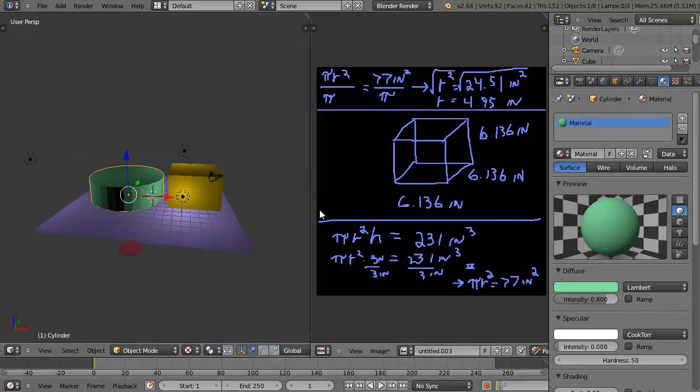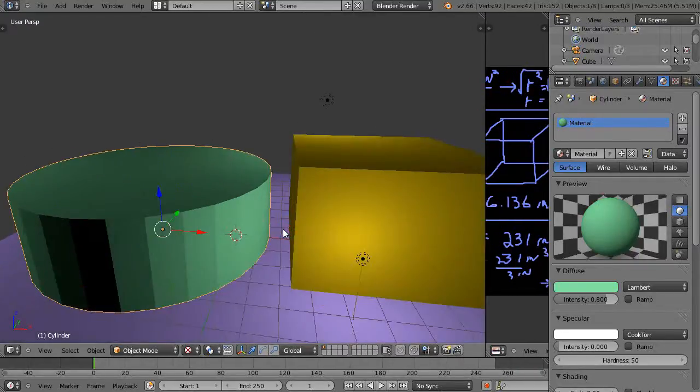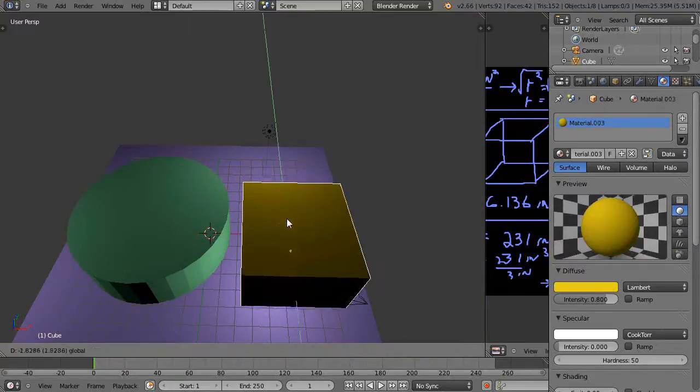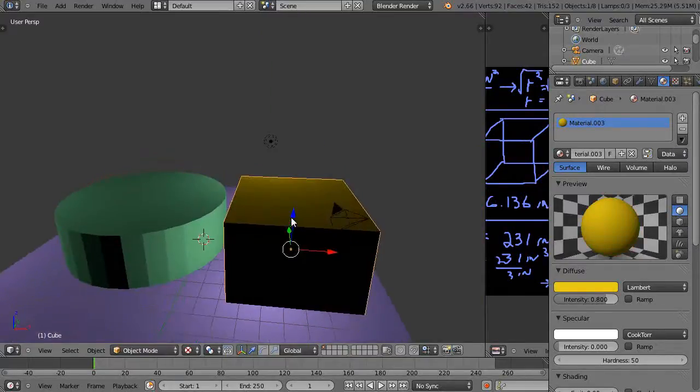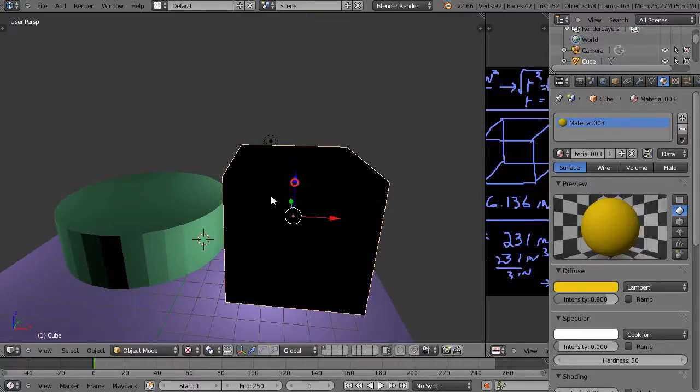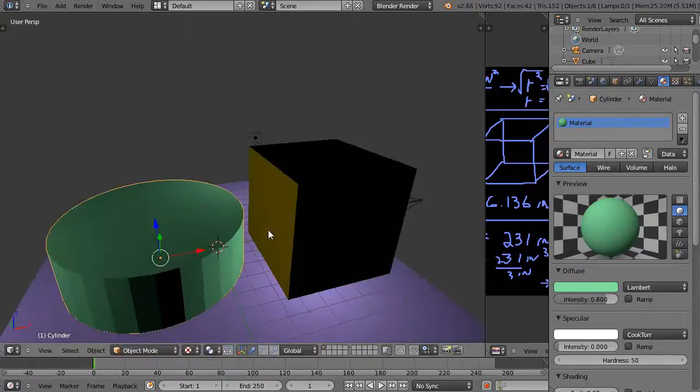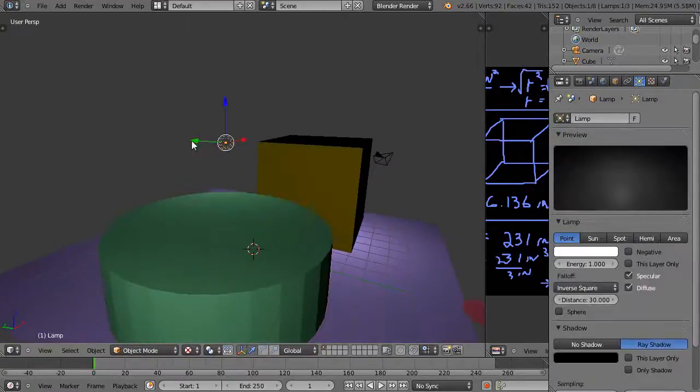All right, so now let's go look at the image here. So basically what we're looking at is the volume. There's that cube, and make sure this is all the way up, and that's out of the way. We'll put our light over here so we can see it.